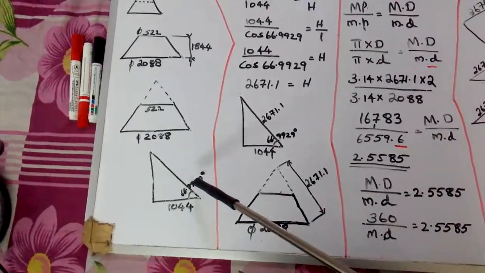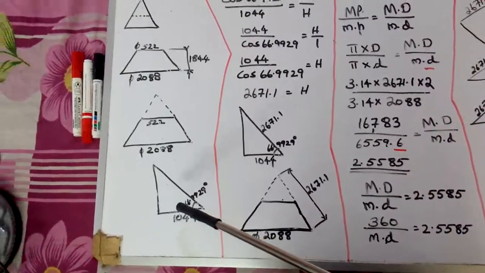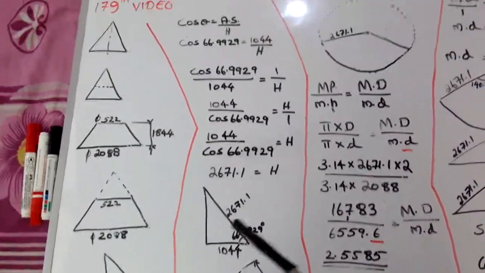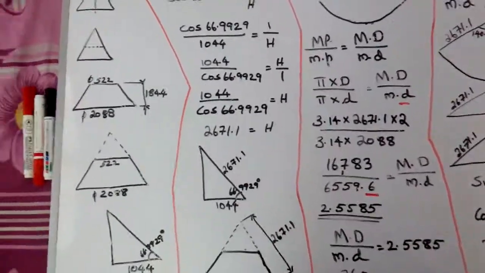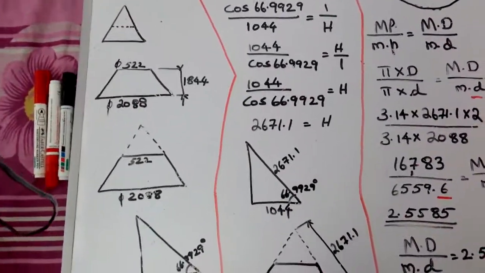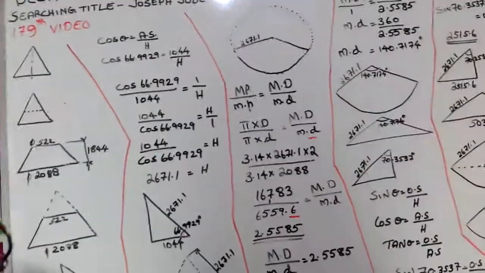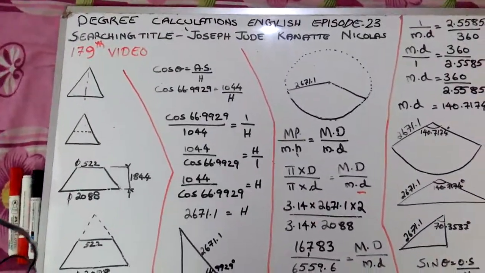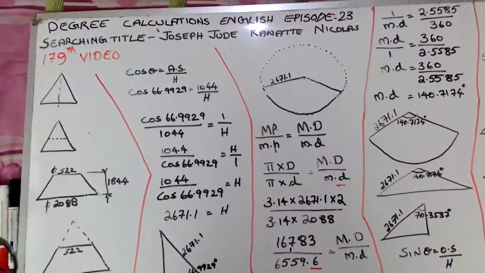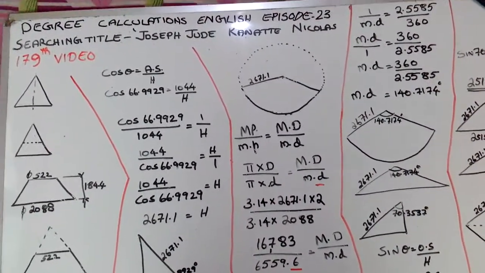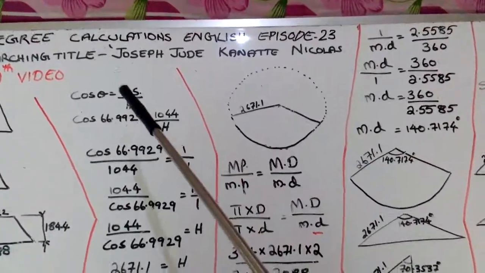If we have these two measurements, we can easily find out this hypotenuse. For that purpose, which formula do we have to use? Everybody knows: I have taught you three formulas, sin theta, cos theta, tan theta. Of these three, we have to use cos theta.